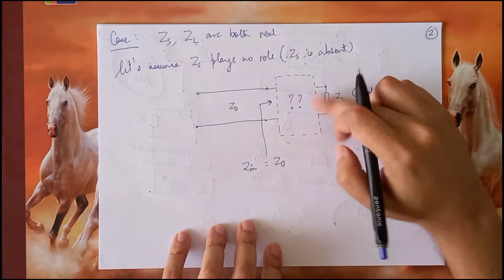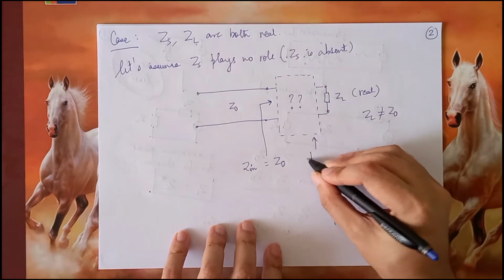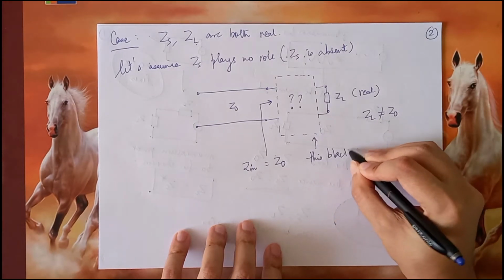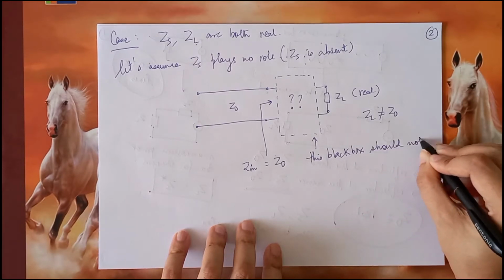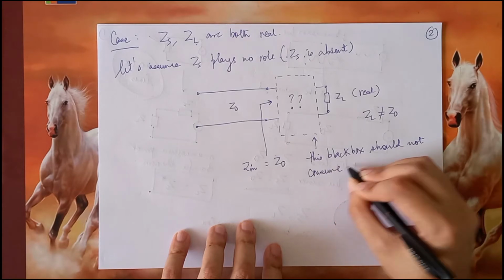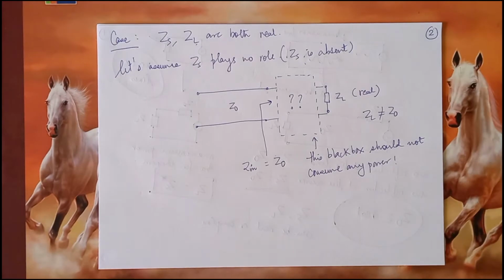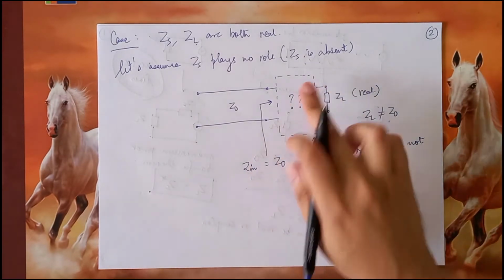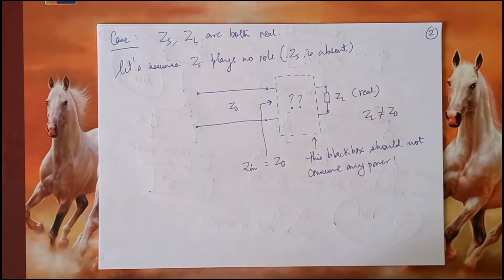That's like saying this black box by itself should not consume any usable power. So therefore, we must ensure that there are no lossy elements inside this black box. And what are lossy elements? For example, resistors, which dissipate power, which cannot store energy. They can only dissipate energy.